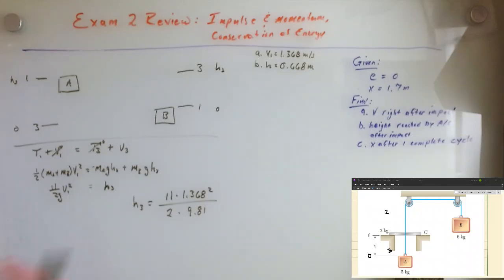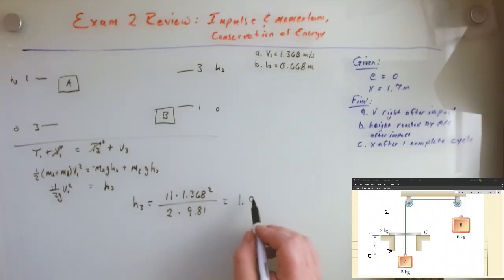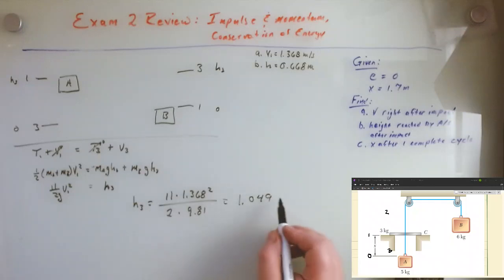Oh no, I'm sorry, this was 7. Right, so this was 7 halves, and what we can just notice is that this is going to be a little bit lower than that one was. So we get this equals 1.049 meters.